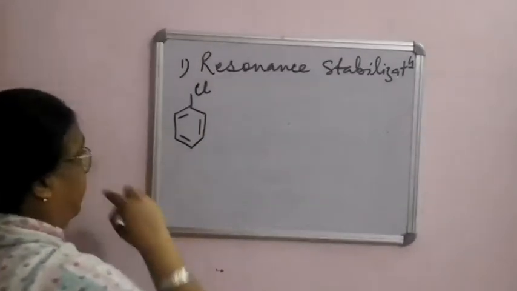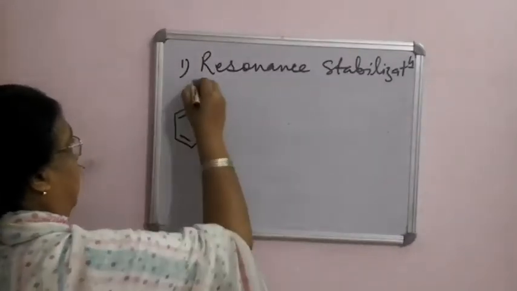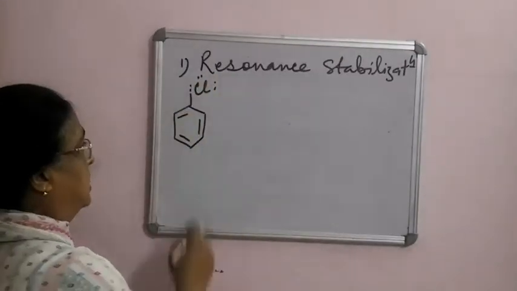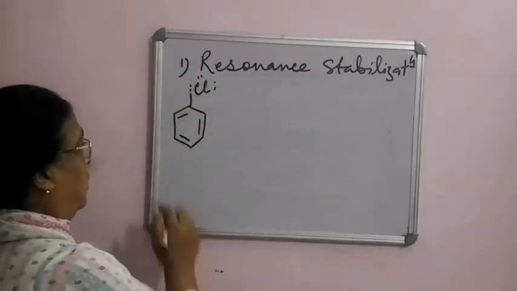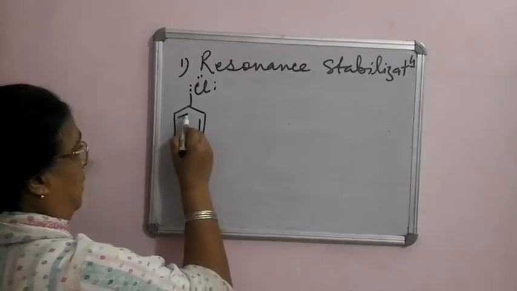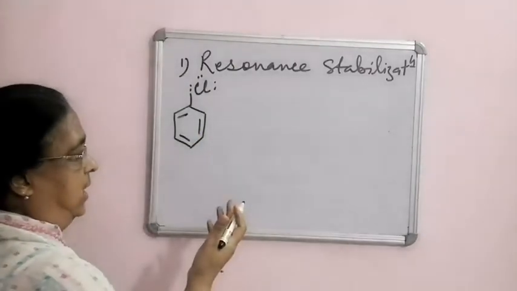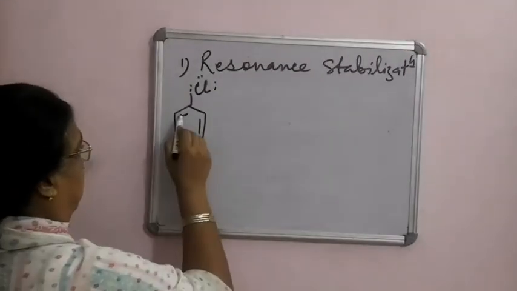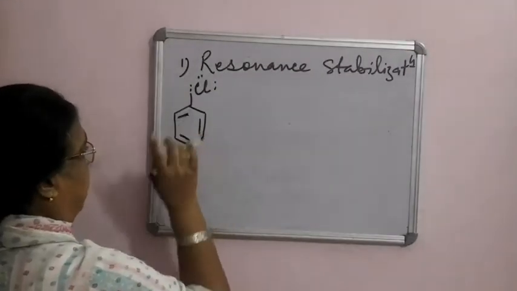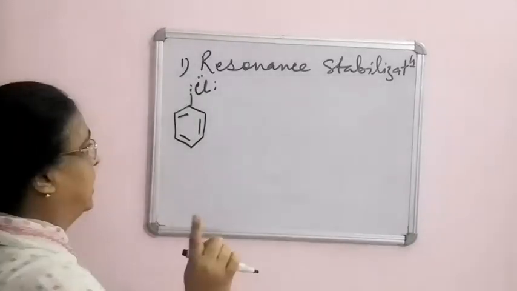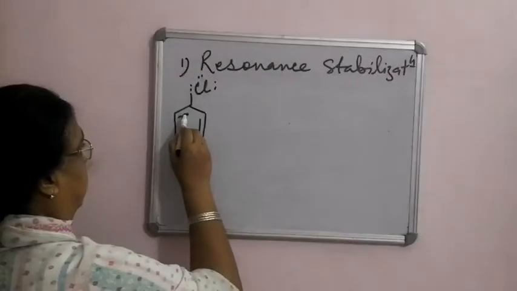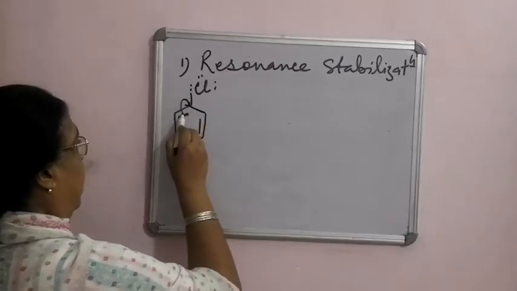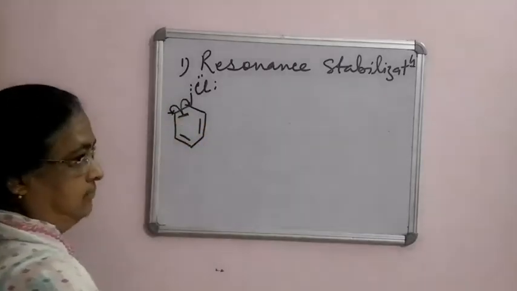Chlorobenzene, that is here, has three lone pairs. It is electronegative. So one of these three bonds will break. I'll take the closest bond to show. When this bond will break, then a pair of electrons will be free. That pair of electrons either can come to this side or may go to this side.